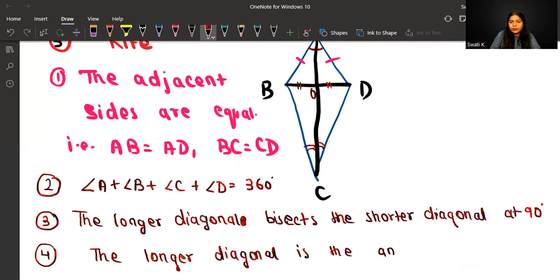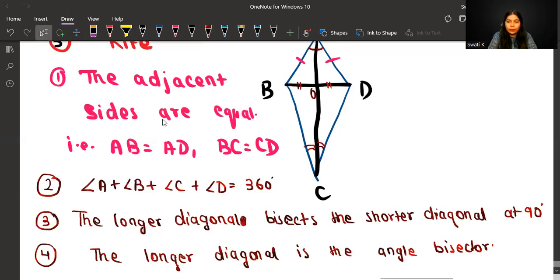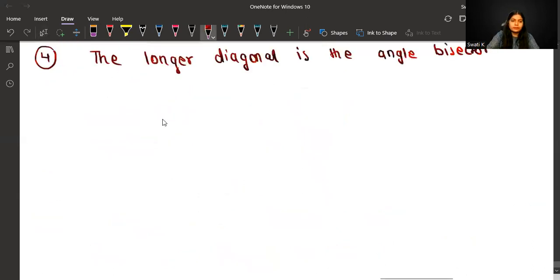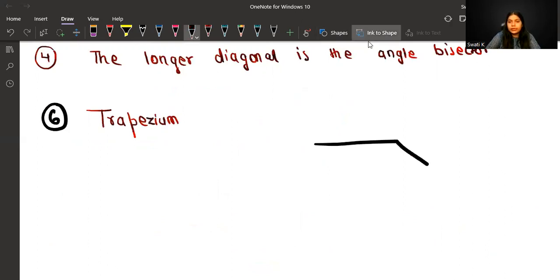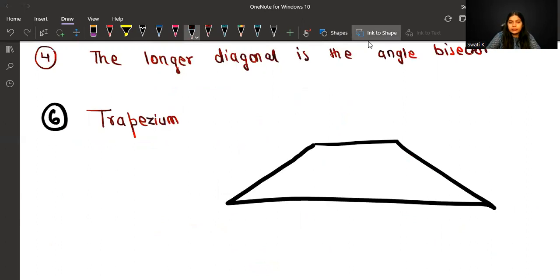All right, so now we can go to the next, and that is the trapezium, which is also our last quadrilateral. Let's see how a trapezium is different from a parallelogram. A trapezium basically looks like this.